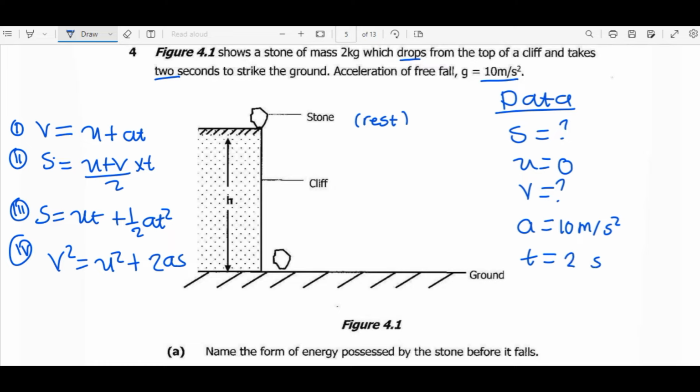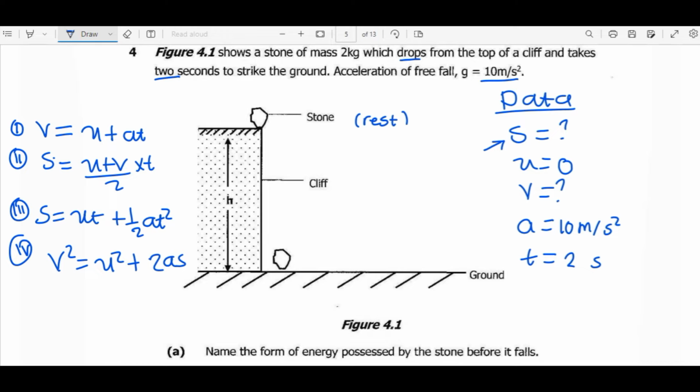Now we can see that we need a formula in which we have the s. So we have the third, fourth, even the second one. From there, we need to make sure that the formula that we are choosing must consist of what we want, but it has to make sure that there should be no other variable missing.